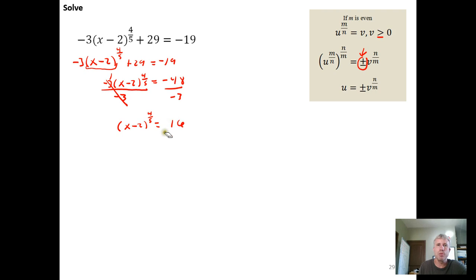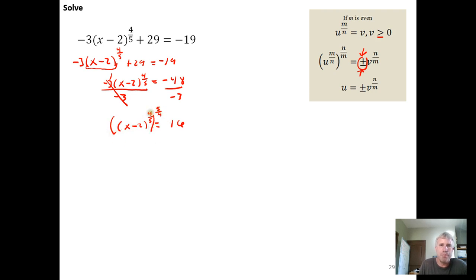So it's impossible. If we had a negative 16 here, we would stop and say, hey, there's no solution. Fortunately, it's a positive 16, so we know there's going to be a solution, and there's going to be two solutions, a negative number being raised to an even power and a positive number being raised to an even power. So we're going to raise both sides to the 5/4 power.